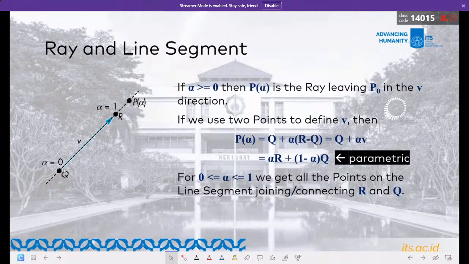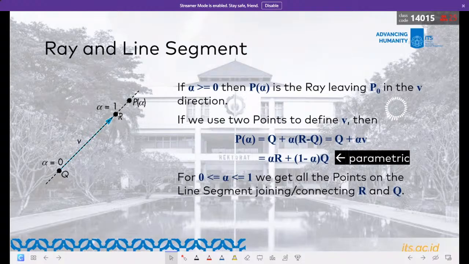In this case, we want to define some line segment. Then we need to have the origin. For example, this Q is the origin, and then we should have a vector V, for example, in here. So we can have the vector or points.